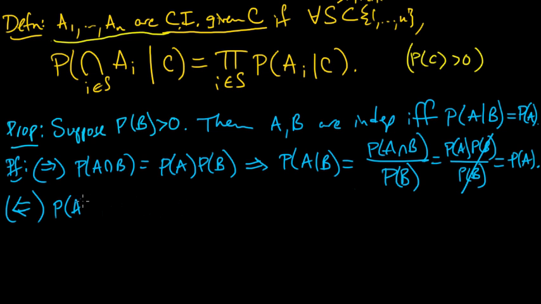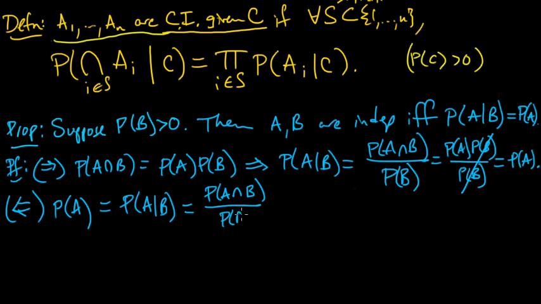So we assume this, the probability of A equals the conditional probability of A given B. And this is the probability of the intersection divided by the probability of B. And now, if we just multiply this by both sides, then we get exactly this condition, which implies independence.